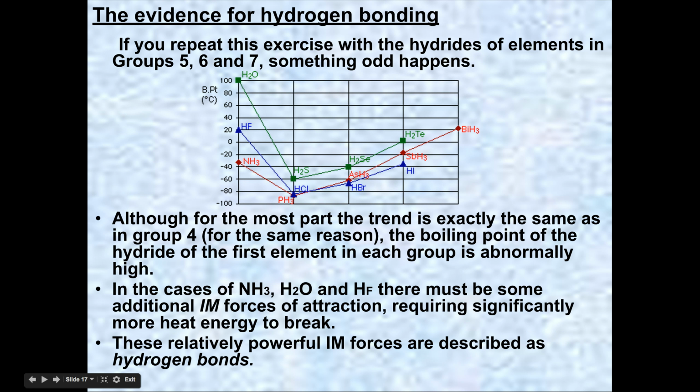Now we look at it here, and it's the same kind of thing where you have hydrides that, as you move up, the boiling point goes up because the central molecule is getting larger and larger. However, you look over here, and it's weird because these have really high boiling points relative to the rest of their group when they're small, and water is super high.